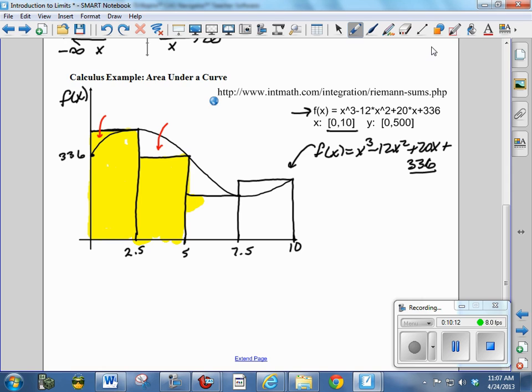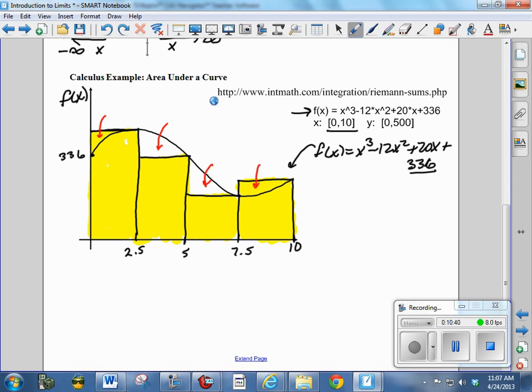Rectangle 3 gives you too little, and then rectangle 4 gives you a little bit too much. But you notice that in 2 of the rectangles, we end up having extra rectangle. And it sort of balances out. If we added up all of those areas, we should get pretty close to the area of the curve. It looks like it'll be maybe a little too small, but it's going to be pretty close.